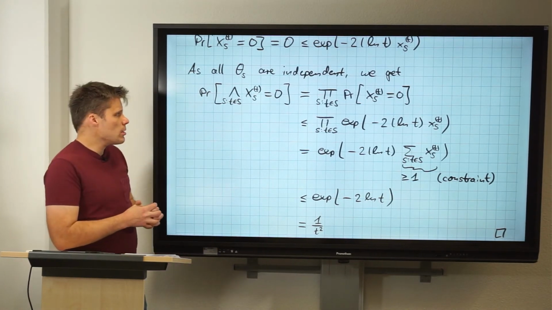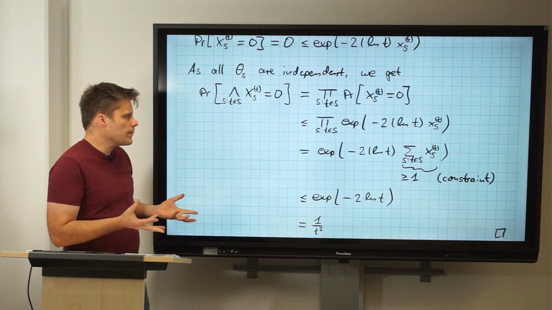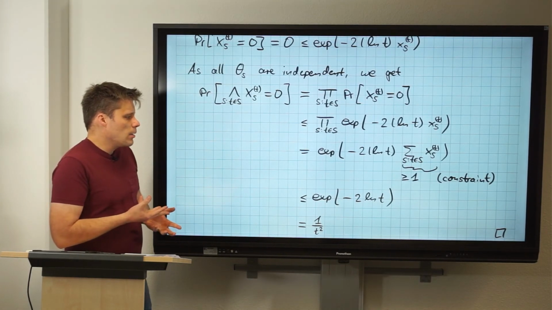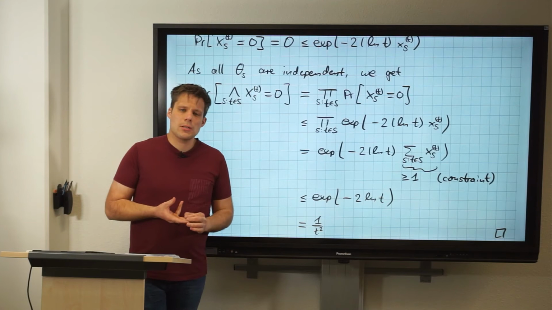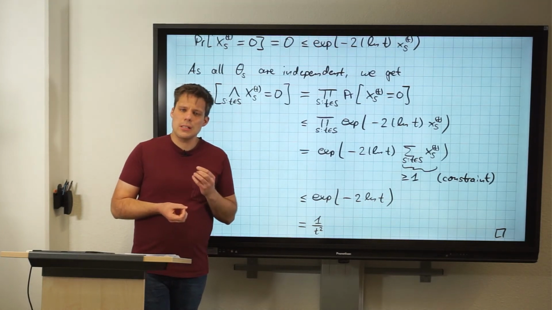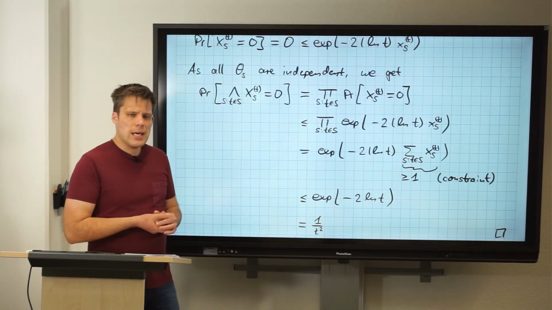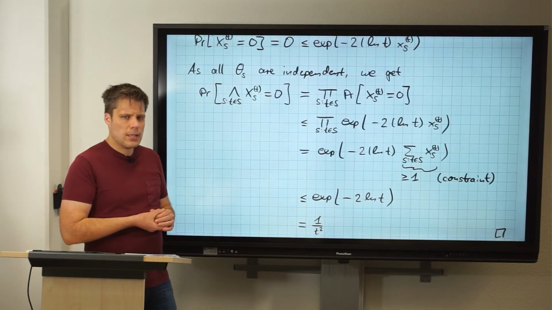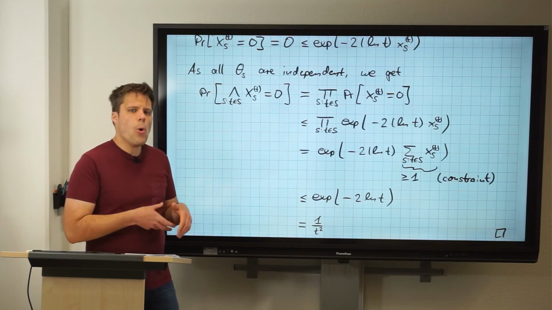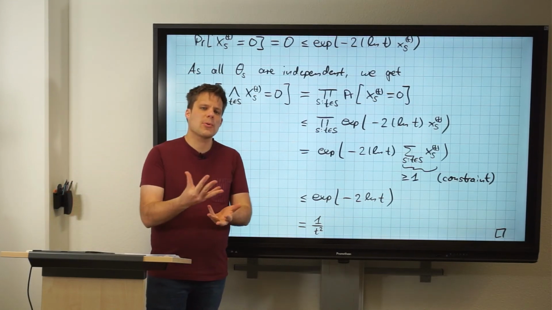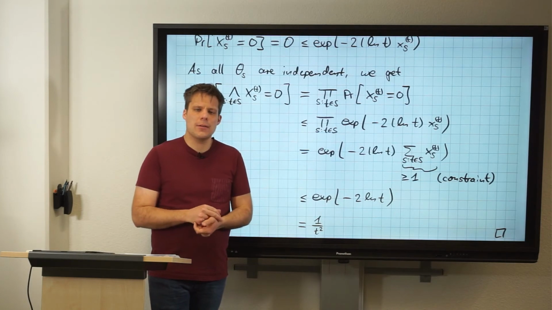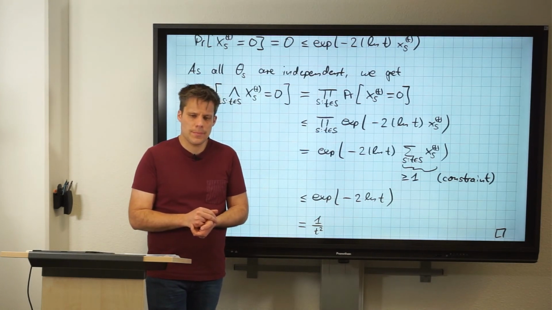Good. So, how does this work? So far we showed that the larger t gets, the less likely it becomes that an element is not covered by step A, although it was already covered by the fractional solution.